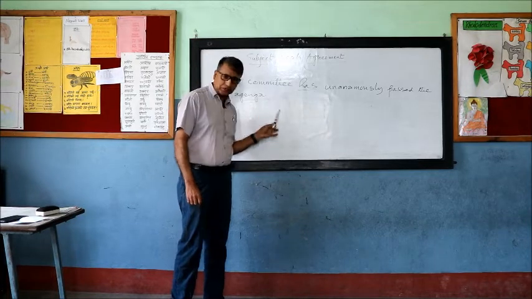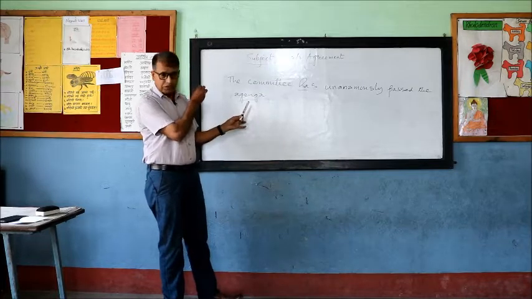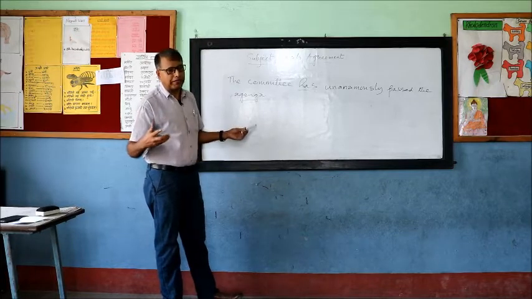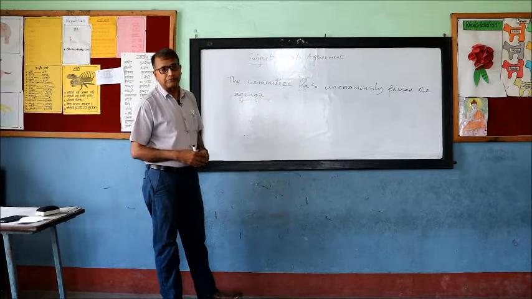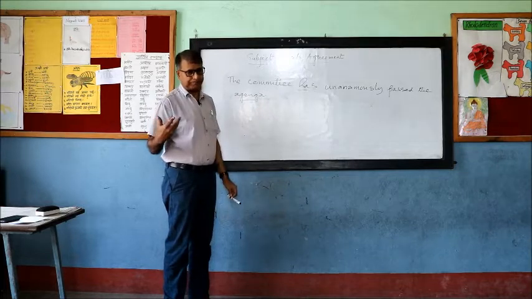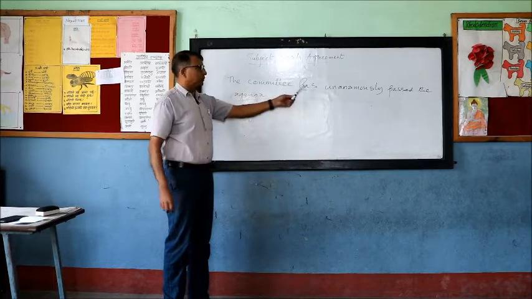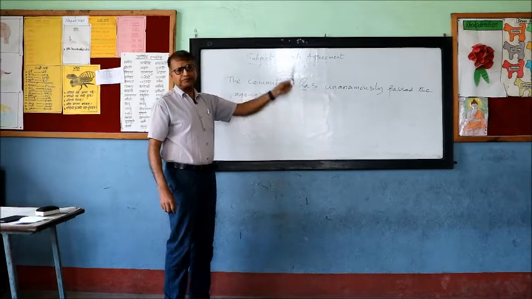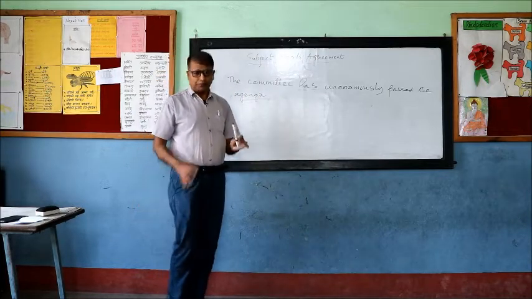When we go through this sentence, we don't have to think about the individual members of the committee. What Ram might have said, what Hari might have said, what Tom, Dick and Harry might have said. We don't have to think about those things, because there is oneness in this committee. Because of that, we have used has, which is a singular verb. It's not a plural verb.